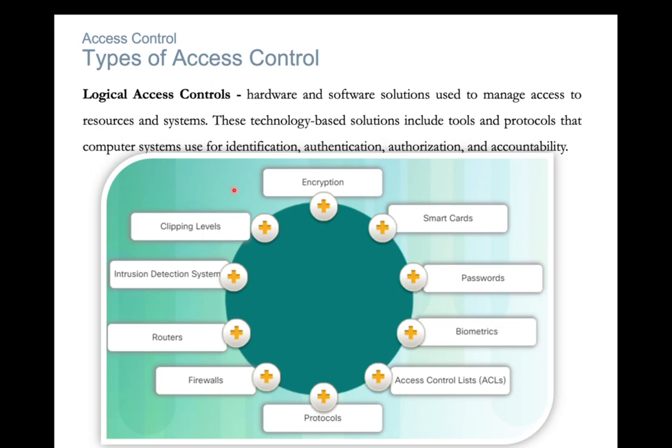And finally, you have the intrusion detection system. An intrusion detection system is a device or software application that monitors either a network or a system for suspicious activities. An intrusion detection system also provides notification that an event occurred. And the most important one is the clipping level.